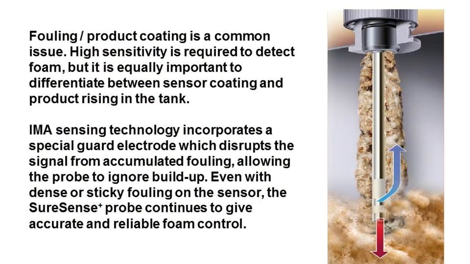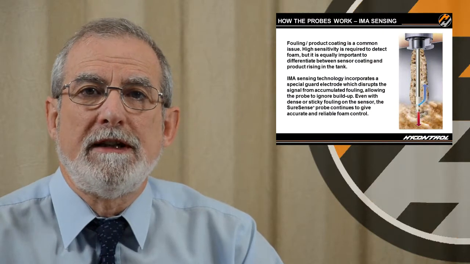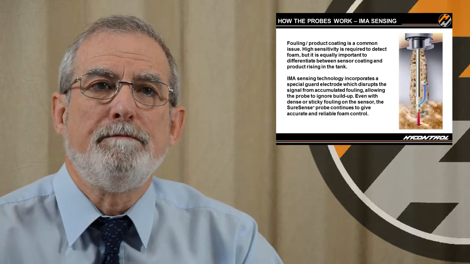Now here's how the IMA sensing works. When you have foam, as I said before, it's sticky, it can build up, it can dry out and stick on the surface. In that situation, it can cause a short circuit on the probe to the side of the tank. And what we don't want is to measure that as if it was foam. So we have a technology called IMA sensing, which is used to distinguish between the fouling and the foam.